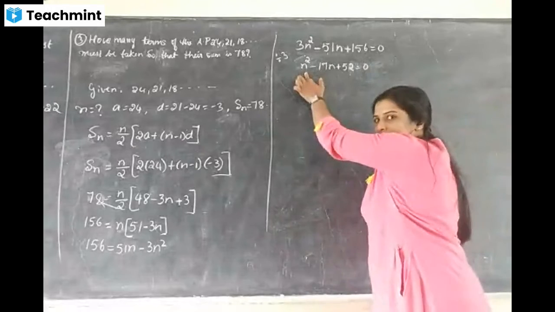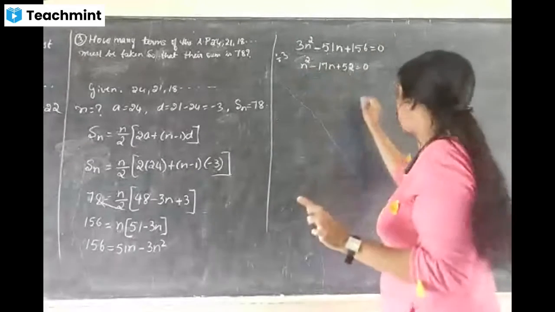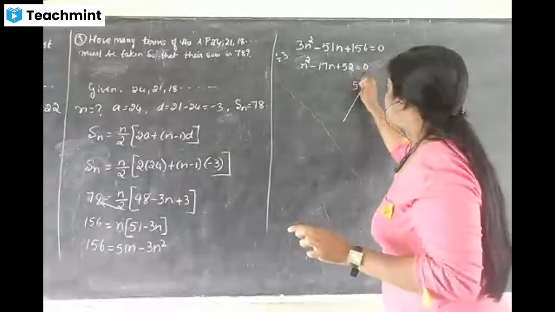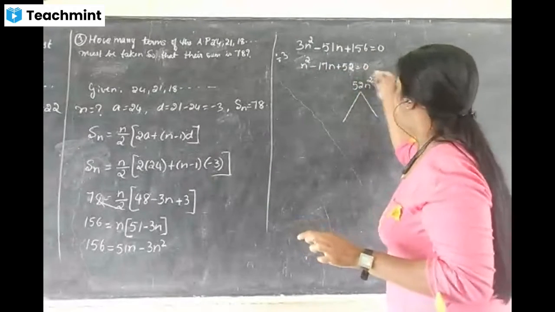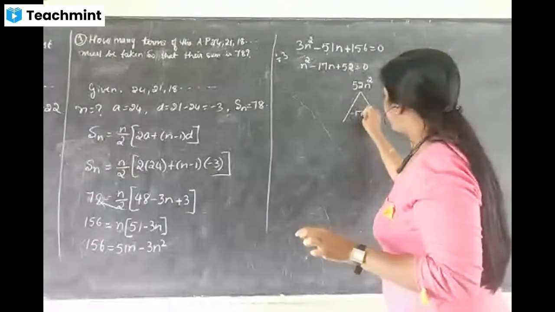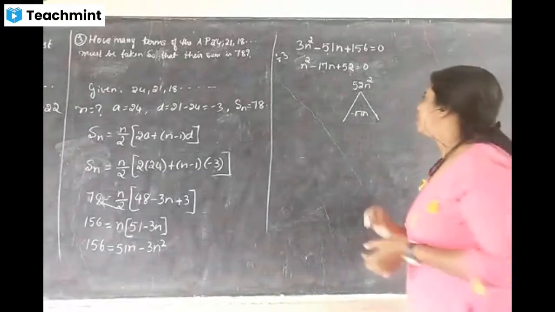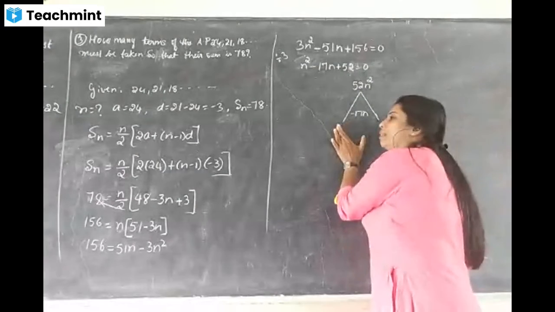Now we know the factorization. You have studied it already in your last year. Factorization, first into last, and minus 17n. So which numbers are possible?